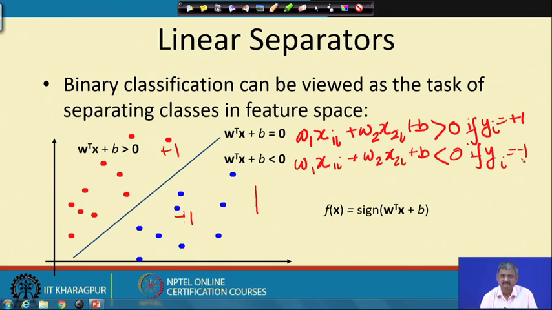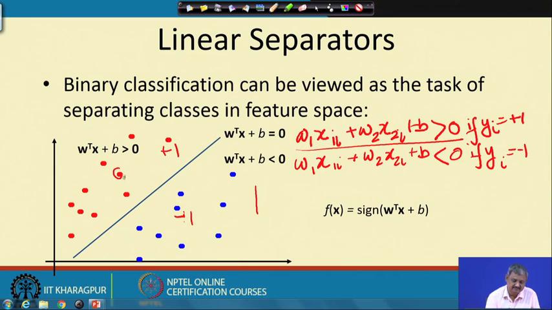I think for all of you it is clear. So, what I am basically saying is that I should pick values of W1, W2, B in such a way that if I pick any point whose class label is plus 1, it should be on the non-origin side. That means it should give this value to be greater than 0.